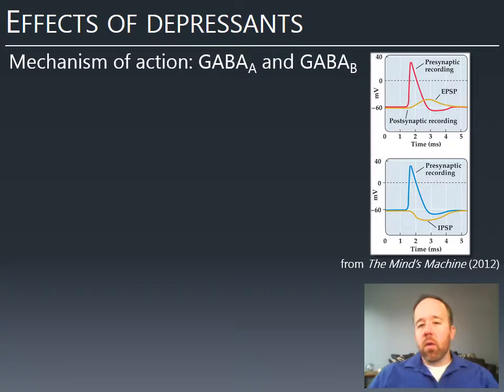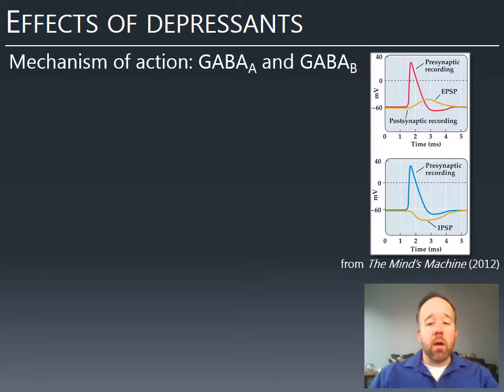Here on the right, we see a diagram of the relationship between action potential and a particular kind of neurotransmitter. On the top, we have a typical response for something like glutamate, which is an excitatory neurotransmitter. It increases the likelihood of an action potential in the postsynaptic neuron.